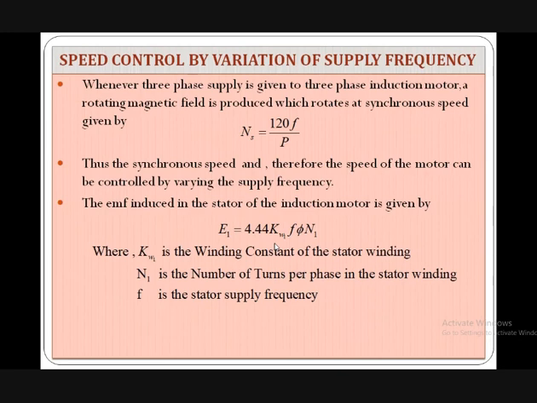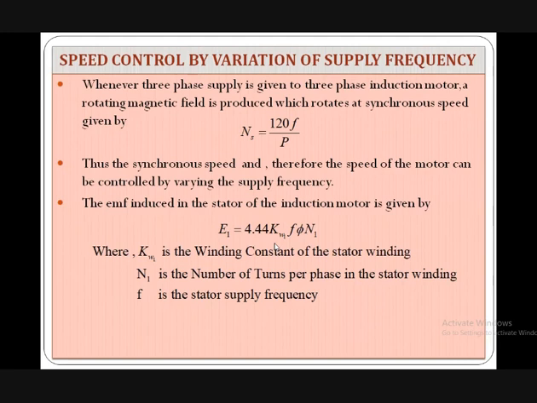Although this method of speed control appears to be very simple, there is an inherent problem with this scheme. So now let's see what this problem is. The EMF induced in the stator of the induction motor is given by the equation E1 equals 4.44 kW1 F phi N1.